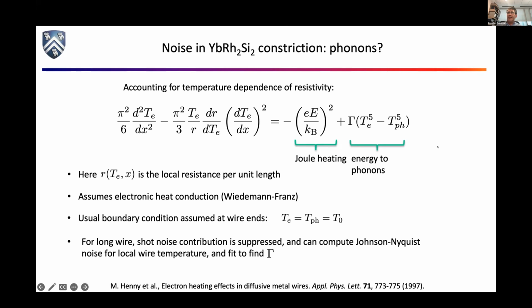And in the Landauer-Büttiker picture, things work out cleanly if you're looking at individual channels, because an electron can either be transmitted or reflected, and you can have energy transfer between electrons, and that's okay because this doesn't really change anything. But if you allow energy to leave the electronic system entirely, then this whole derivation of noise from that picture doesn't work anymore. So I hope that was helpful.